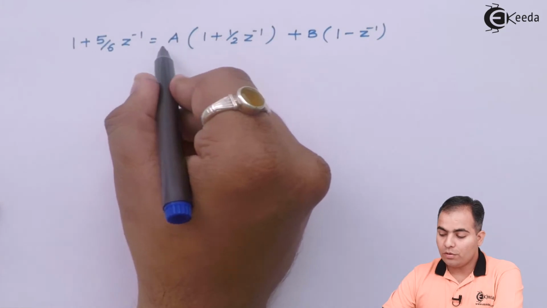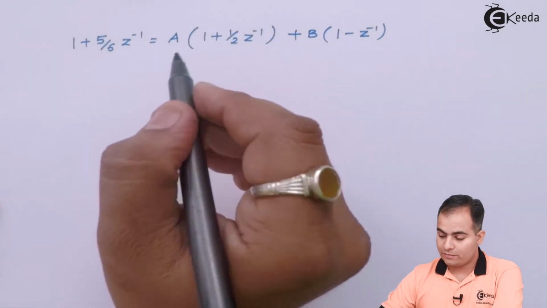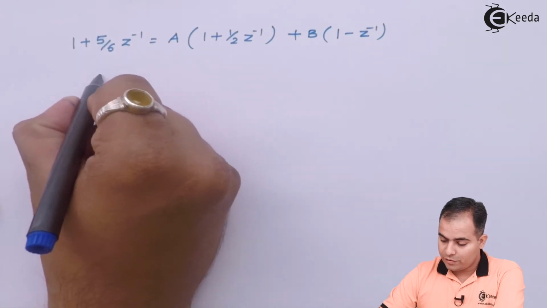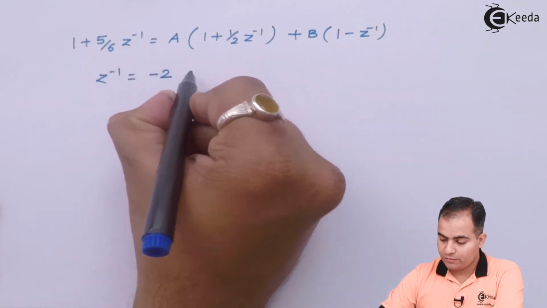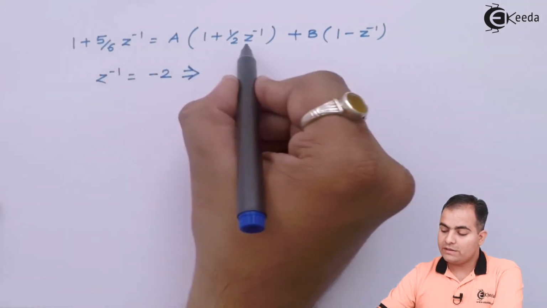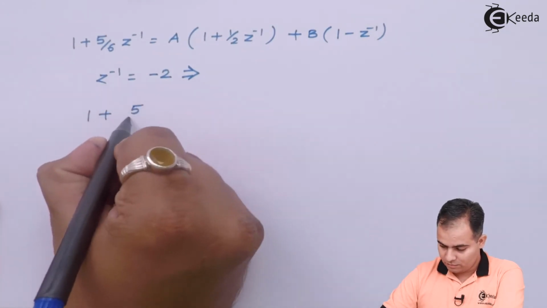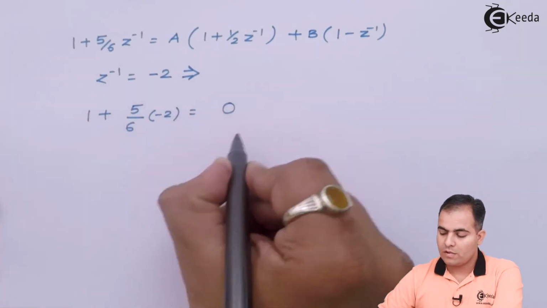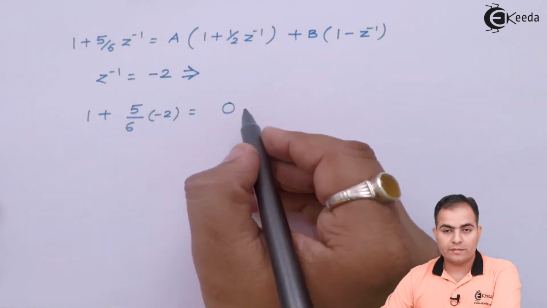Automatically this whole A into 1 plus half of z inverse is replaced by 0. So I'm going to substitute z inverse by minus 2. All this z inverse will be replaced by minus 2.